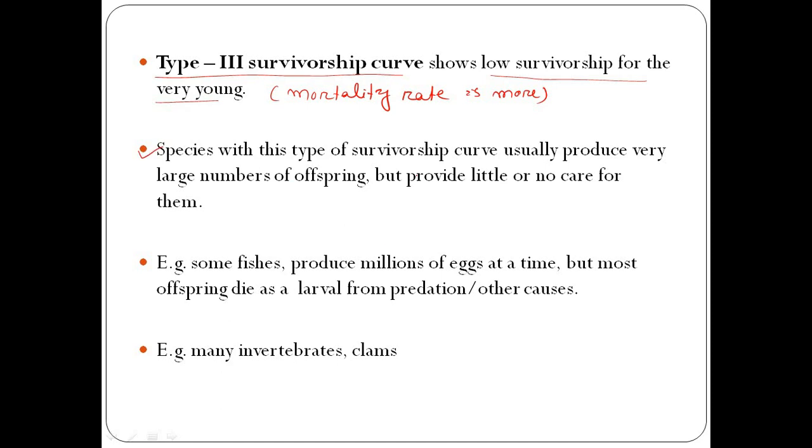Species with this type of survivorship curve usually produce very large numbers of offspring, but provide little or no care for them.